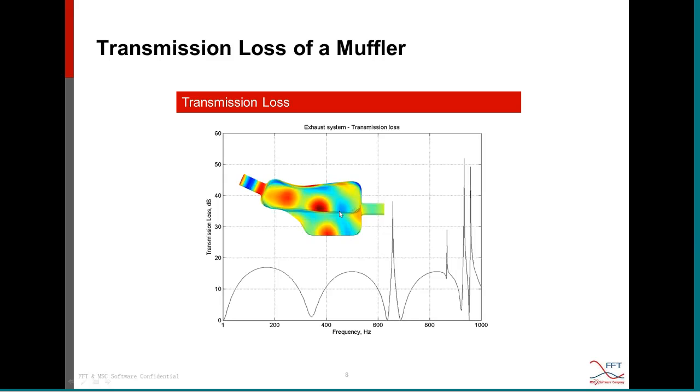Here, as this picture indicates, we have clearly a plane wave at inlet and outlet, but the propagation in the muffler volume is not planar anymore. So with a 3D solver like Actran, we can solve not only the low frequency problems, but also the higher frequency problems.